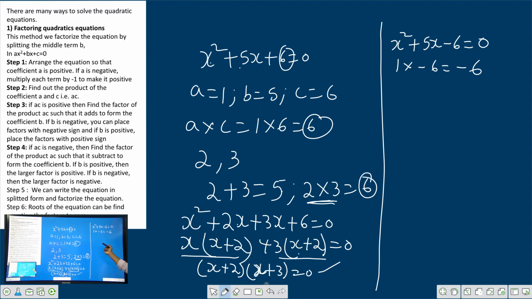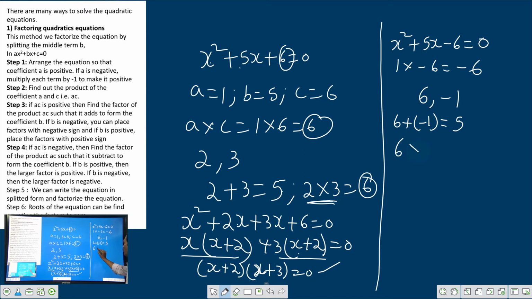Take the factors for minus 6. How can you take the factors for minus 6? Just think. I am taking 6 and minus 1. If I add 6 plus minus 1, what will I get? 6 minus 1, 5.